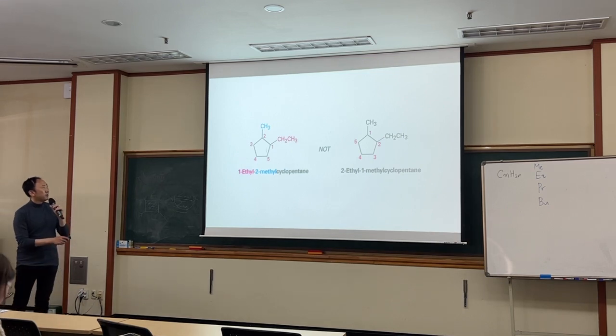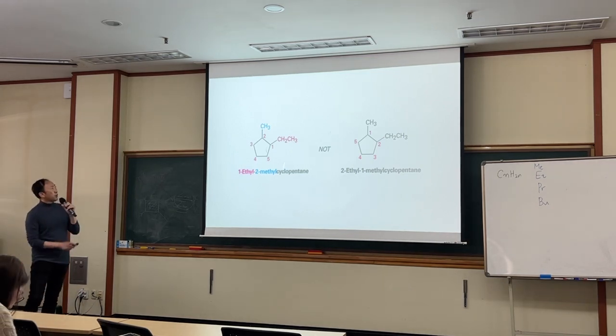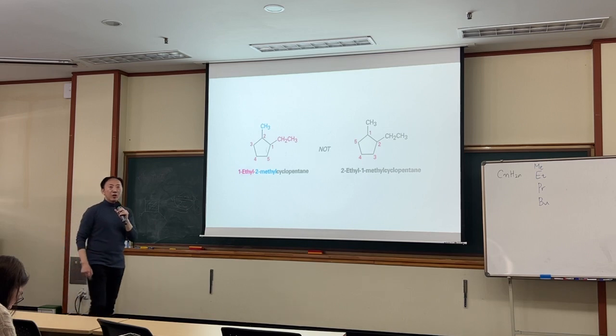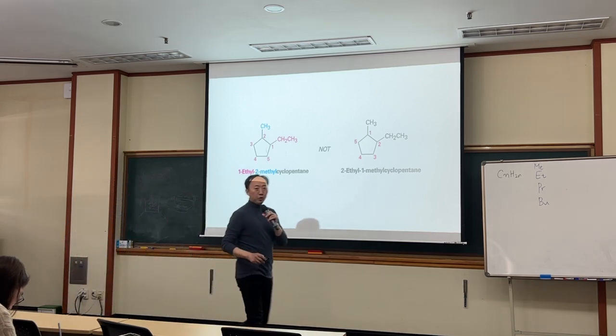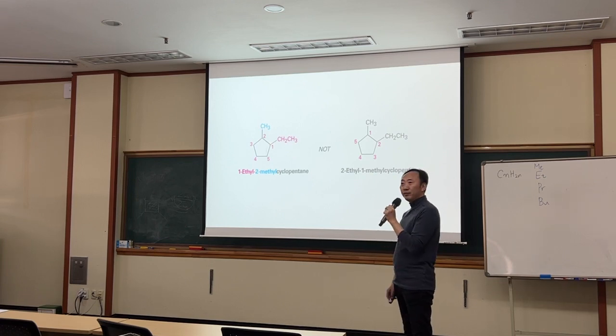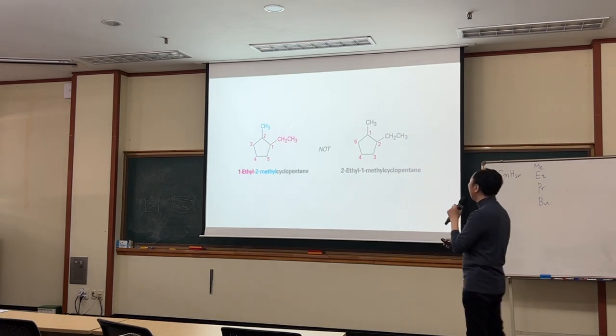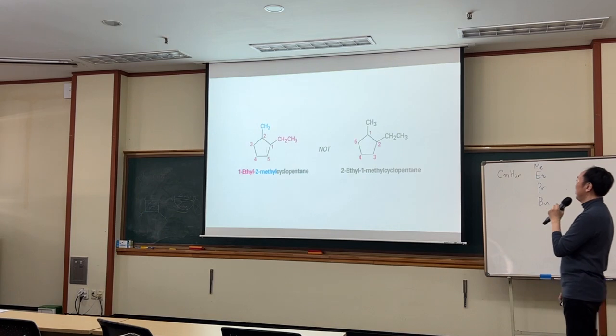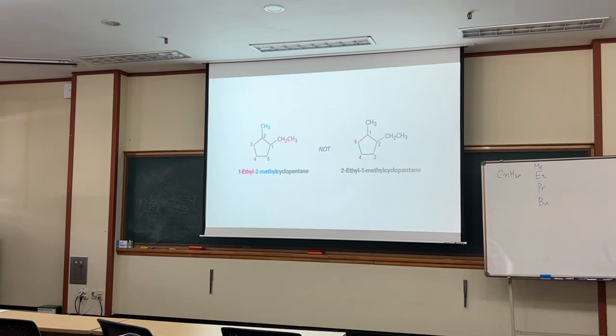Okay, how about this? Now we have a 5-membered ring option, cyclopentane. It's a 1-2 position, right? So anyway, 1-2 or 2-1. Now your option is comparing ethyl versus methyl. So in this case, it's equivalent. 1-2, 2-1 is equivalent. Then you choose alphabetical order first.